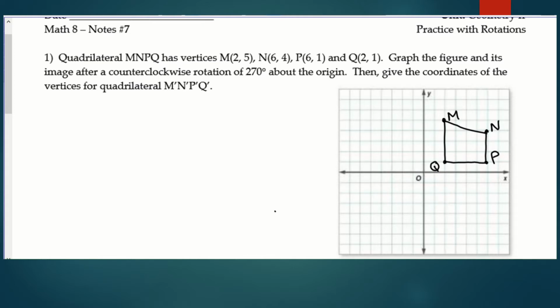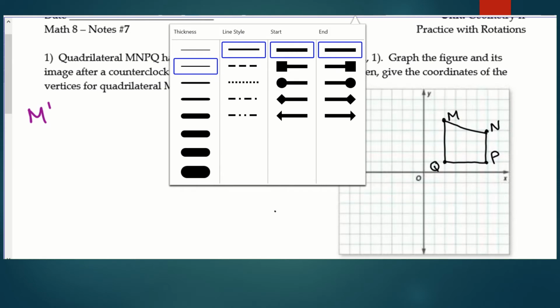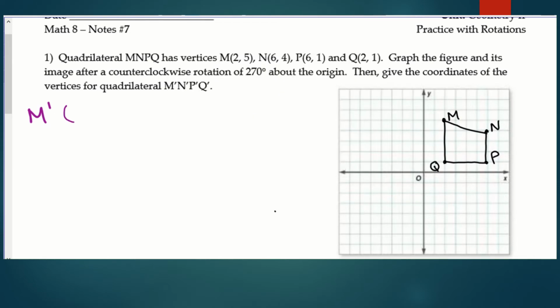So if I write these guys down, M prime, oh, you little stinker. There we go. Okay. M prime is located at 5, negative 2. N prime is located at 4, negative 6.